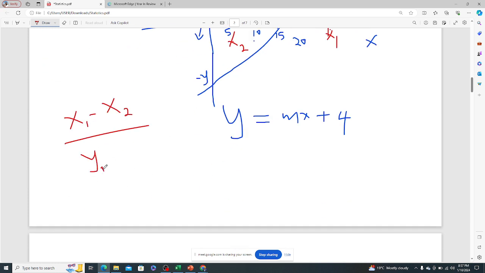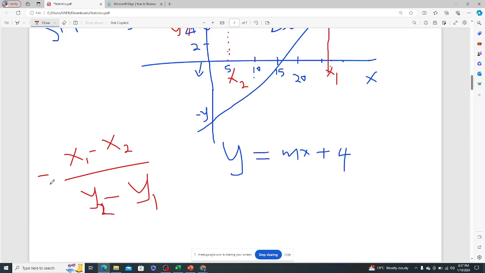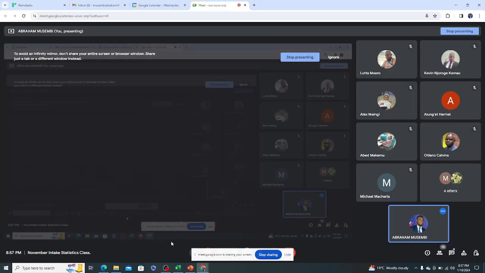So y2 minus y1. Okay, so it will give you the slope. I hope we are together. Maybe by the show of thumbs up.